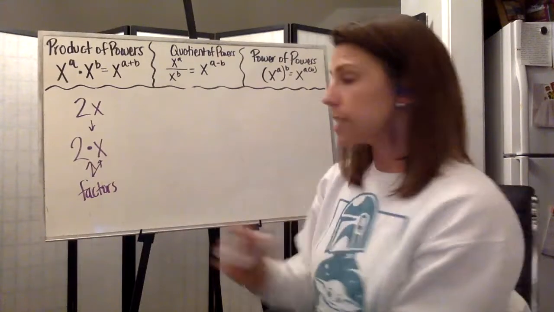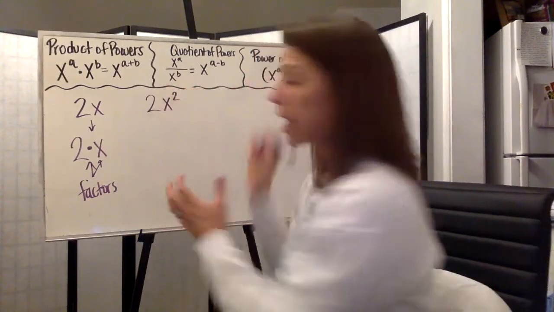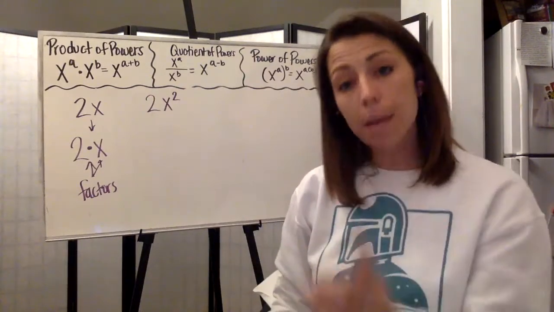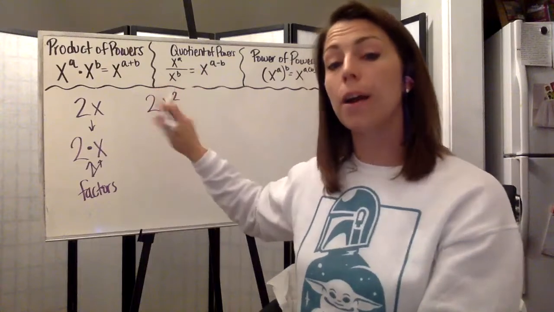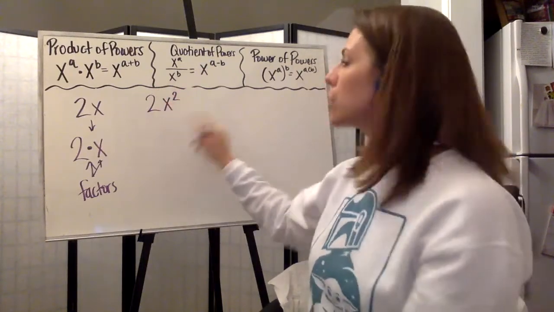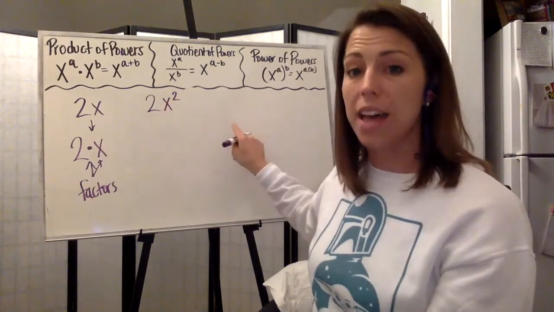Now, here's another example, 2x squared. Now, this is where we start to make mistakes. Some of you think that this 2x squared is a power because you see the little x, you see the little square right there. So you think, oh, this means 2x times 2x.